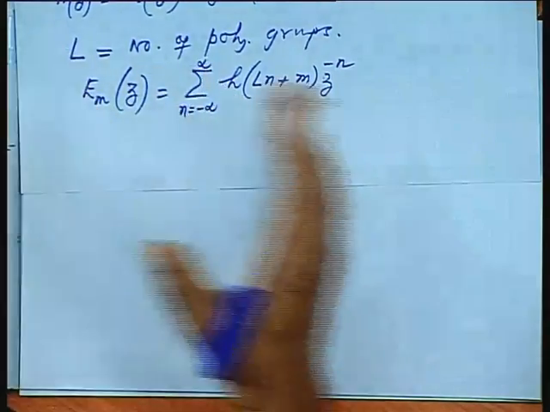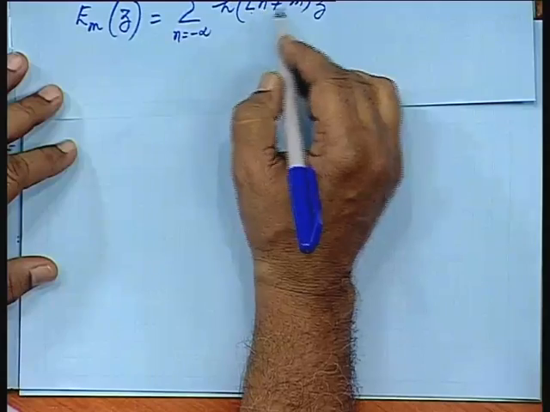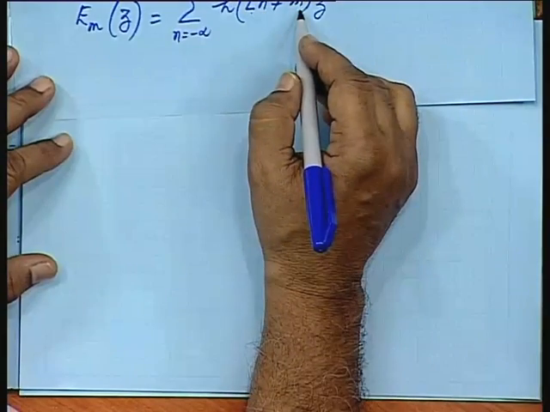If you have an infinitely long sequence, let us consider a non-causal system, that is n extends also up to minus infinity, and we choose the terms like this, say every lth term, then it will be ln plus m, is it not?